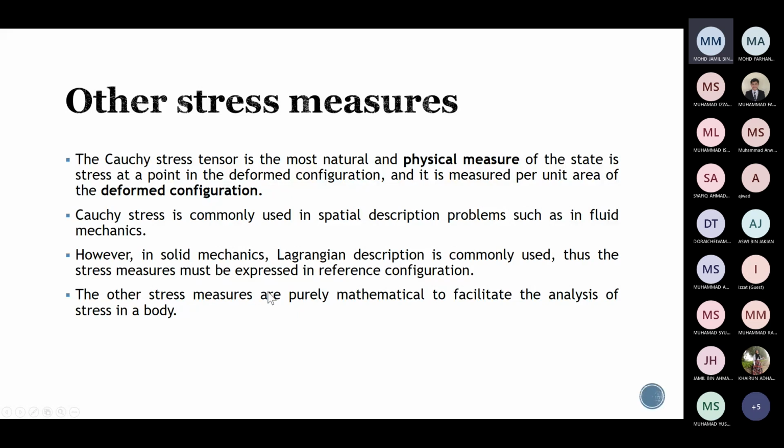Because of that, we need to define different stress measures that are only mathematical and cannot be measured in experiment, but are used to facilitate the analysis of stress in a solid body.